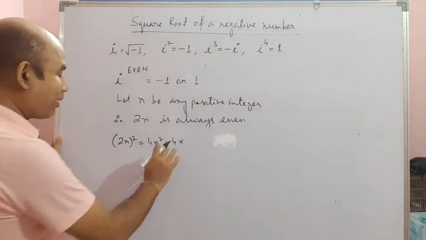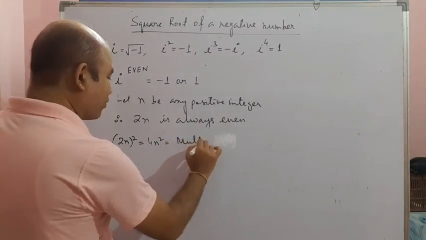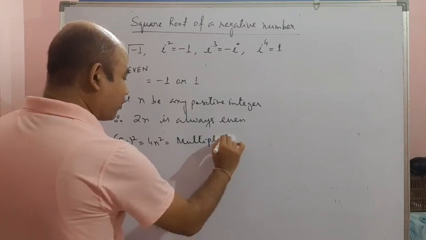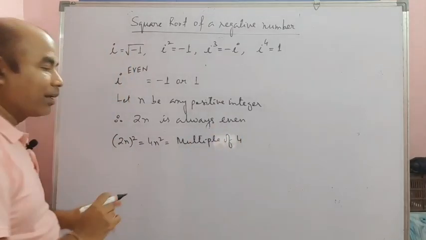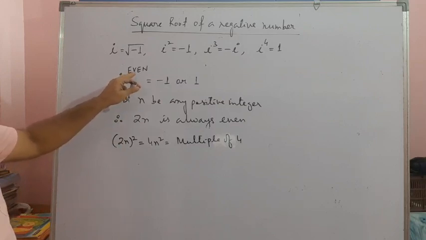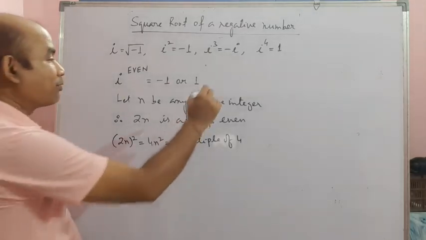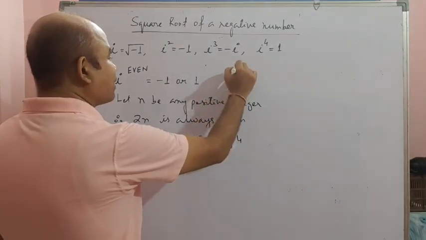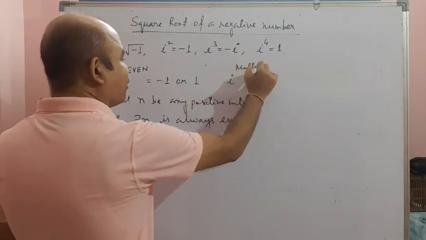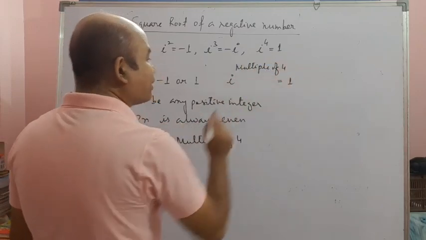So you can say that the square of any even number is a multiple of 4. And when i is raised to a power that is a multiple of 4, the answer is always 1, which we have already discussed.